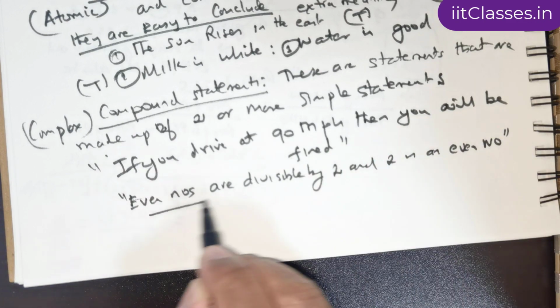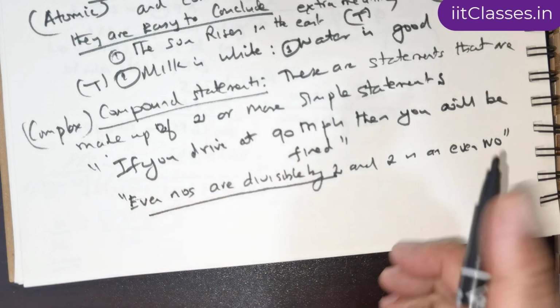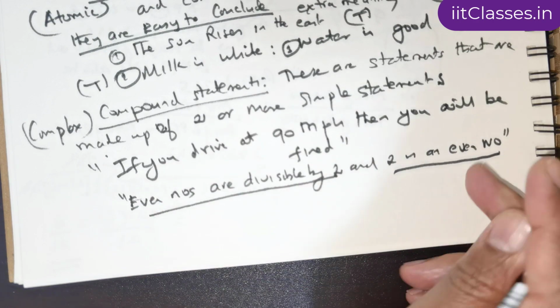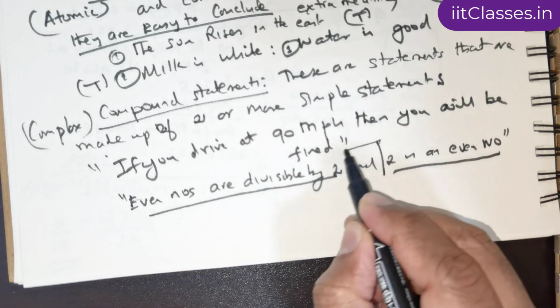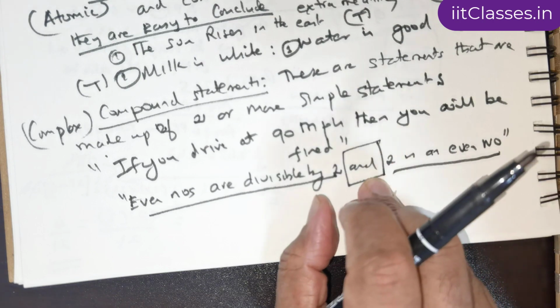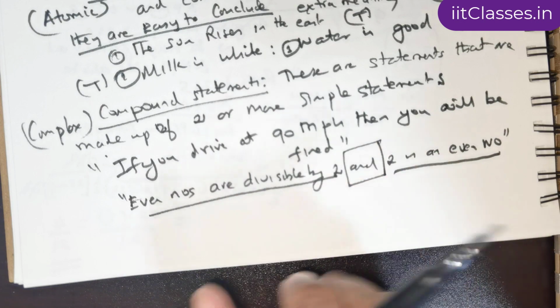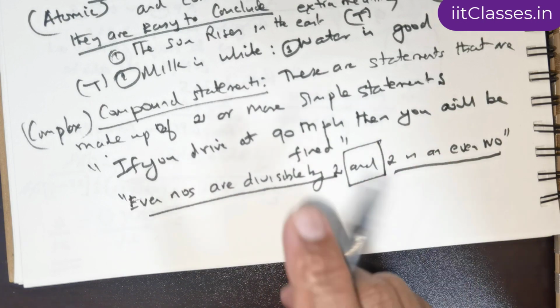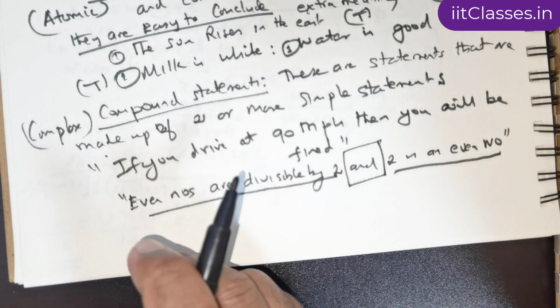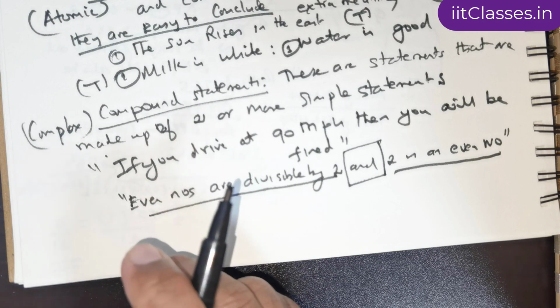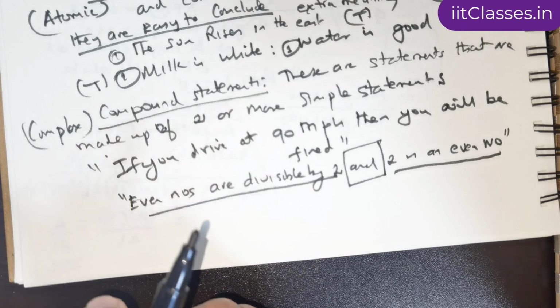So even numbers are divisible by 2. This is a simple statement. 2 is an even number. This is also a simple statement. Now "and" is the connective that is connecting two simple statements. So these are two different examples, but they are still compound statements.